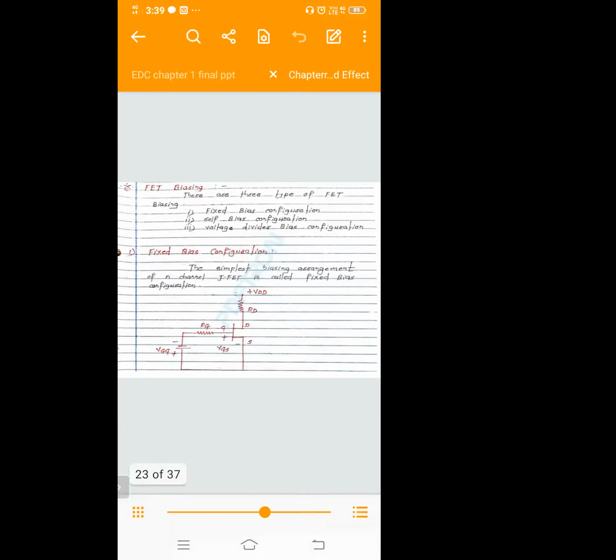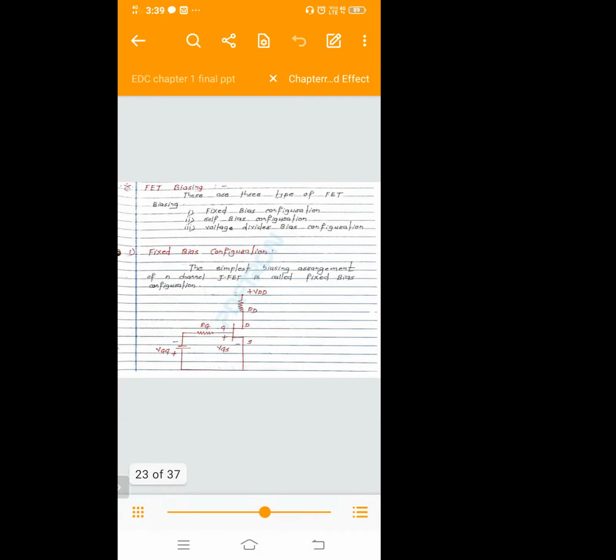These are the two voltages applied across the field effect transistor. In this configuration, we apply VGG across the gate and the VDD voltage at the drain. So we are applying a reverse voltage across the gate and a positive voltage across the drain, right?